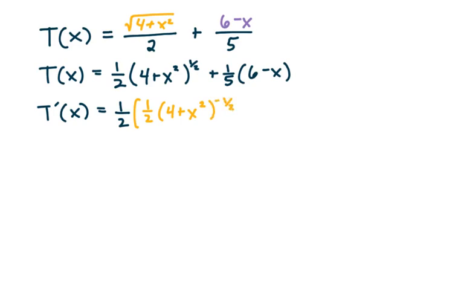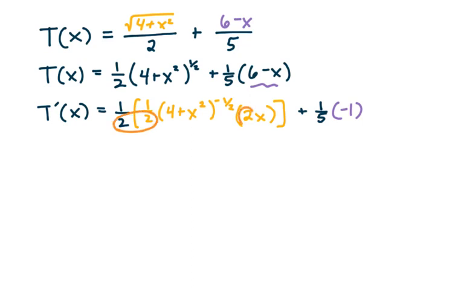And then remember, because we're using the chain rule, we're going to need to multiply by the derivative of my inside here. And the derivative of 4 plus x squared is 2x. So then my second piece there, that 1/5 can stay in front, and the derivative of that interior 6 minus x is just -1.